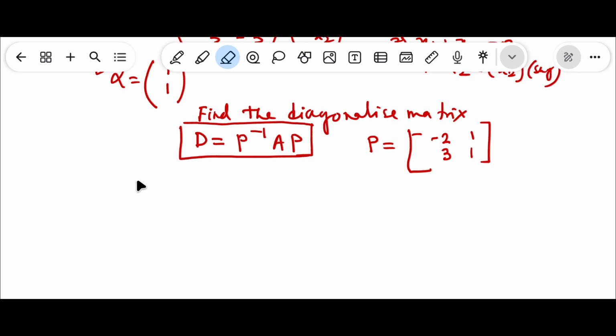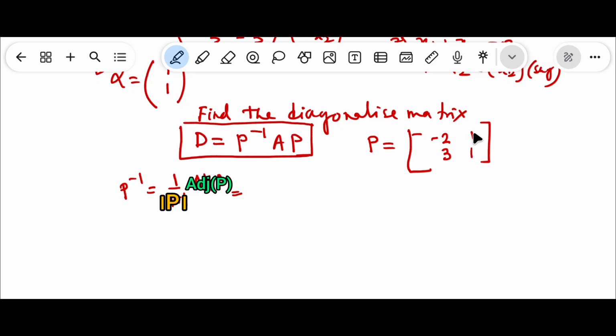Now we have to find P inverse. So P inverse is 1 by determinant of P into adjoint P. For a 2 cross 2 matrix, it is easy to find the determinant.